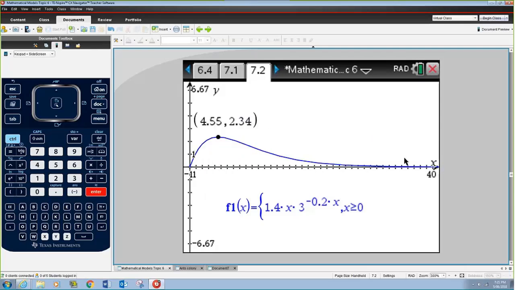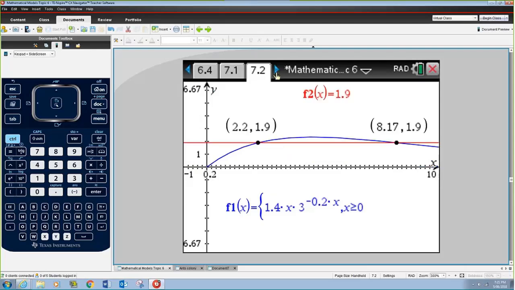So it's also good practice for the students to know that in different windows the graph will look different, and they need to pay attention if they are asked to copy the graph onto the given set of axes. They need to set up their window appropriately, because otherwise their graph will have a slightly different shape.